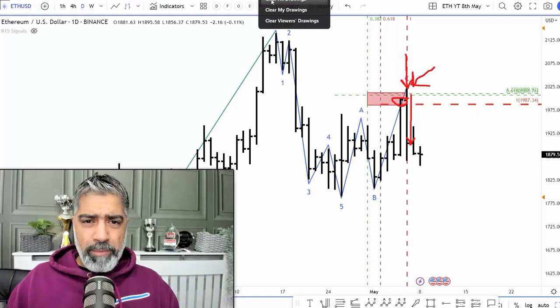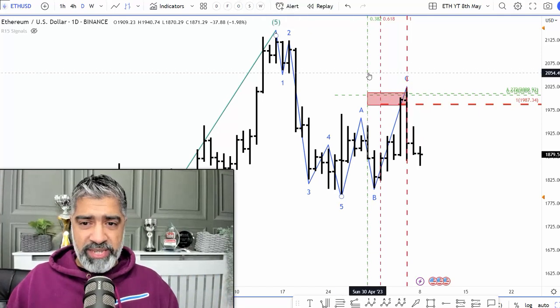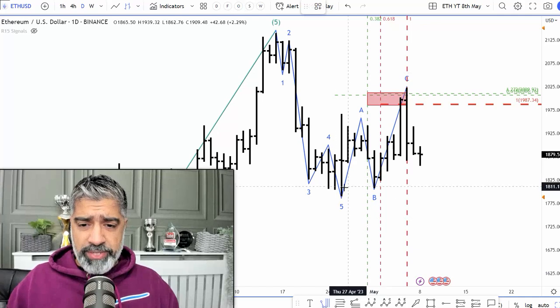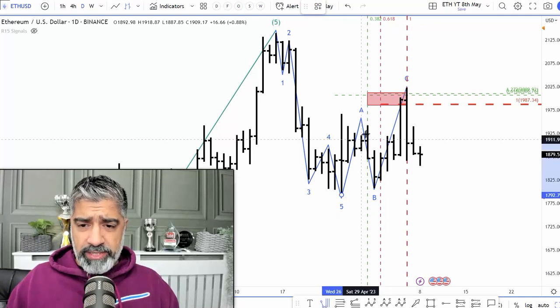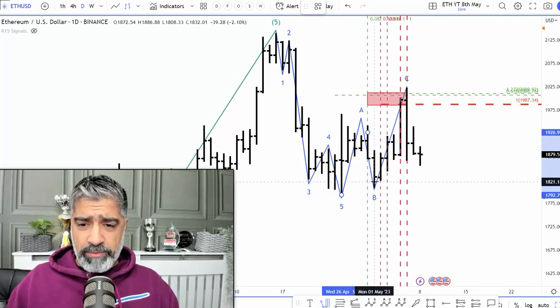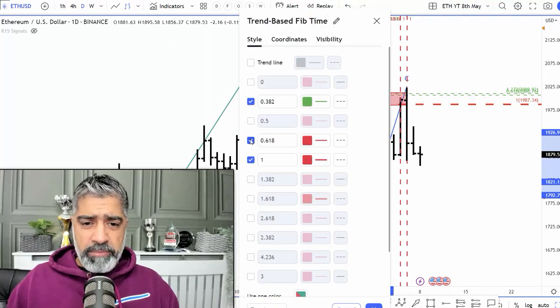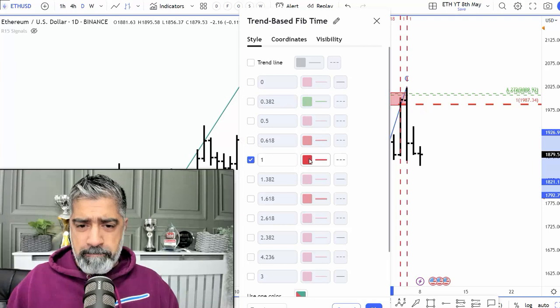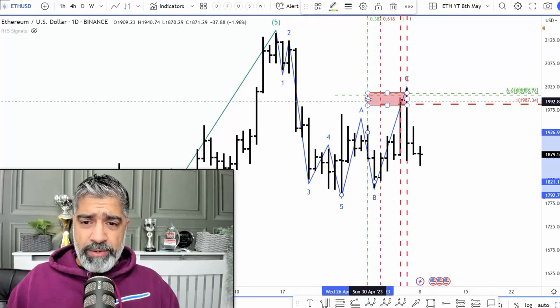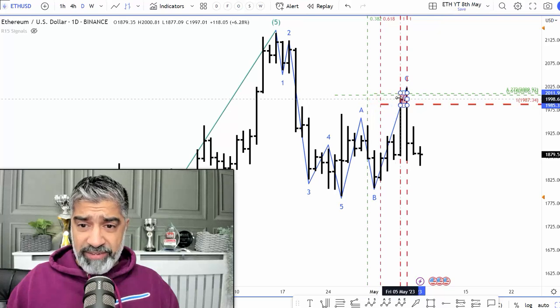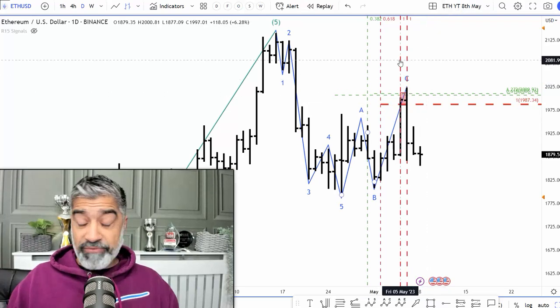But let's just do one more, which can be really, really helpful to see, is the 100%. So we're going to measure this low to this high and project it from this low. And the key ratio, I know we've got a lot of lines on the chart, but I will emphasize it. We can see it's only 2 lines now, this here. This second one is very, very significant.